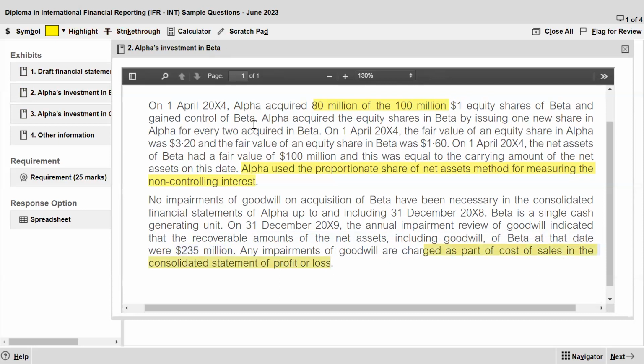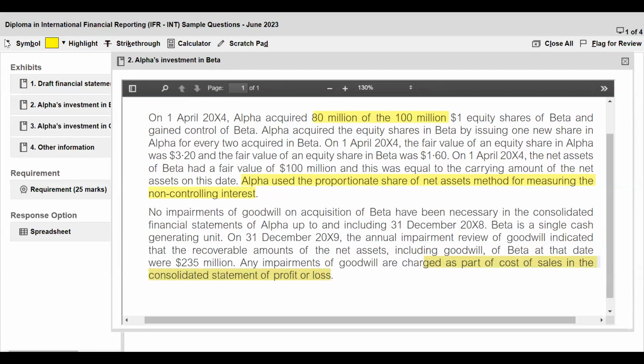Now, see what's actually going to happen in this scenario. If you're going to talk about this specific scenario, you would have to see this. Basically, you've got to calculate the goodwill here, because for you to be able to test the goodwill for impairment, you would have to see whether there is any impairment or not.